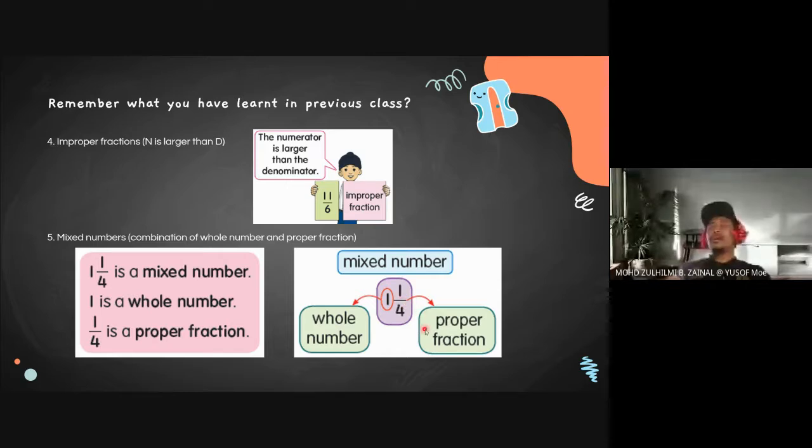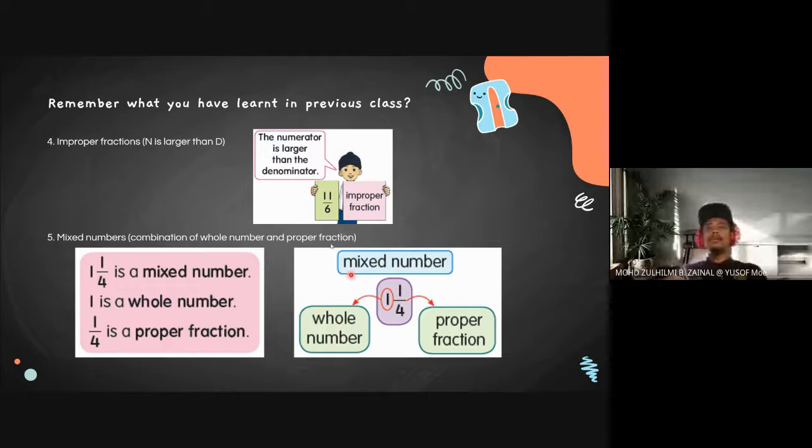1/4 is a proper fraction. So it is a mix of whole number and a proper fraction, then become mixed number. Boleh ke jadi whole number and improper? No, cannot. Improper tu dia kena tukar, dia jadikan mixed number.